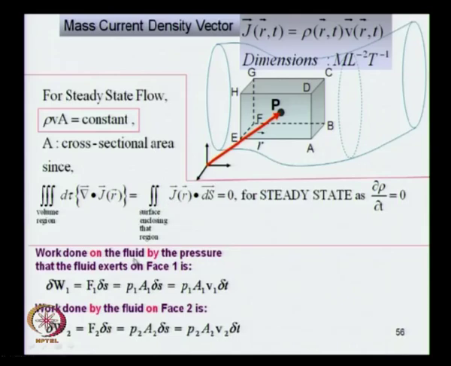So the work done on the fluid by the pressure of the fluid which exerts this pressure on phase 1 will be force times displacement, that is the work done, right. Work done is given by force times displacement.